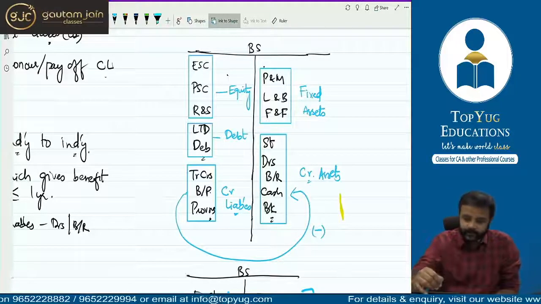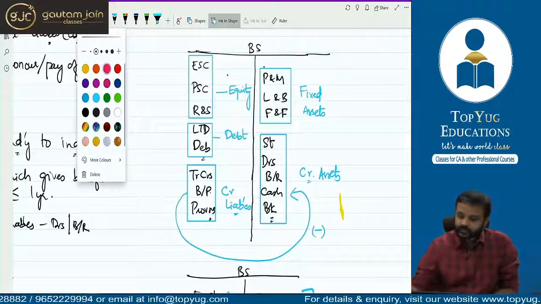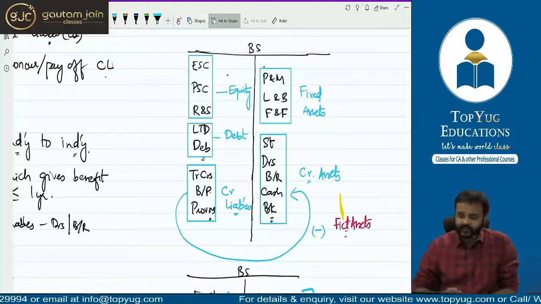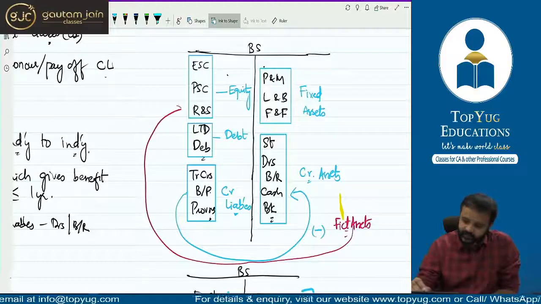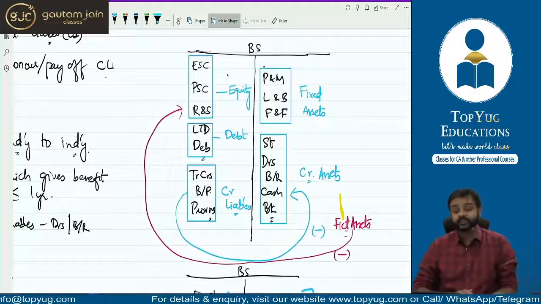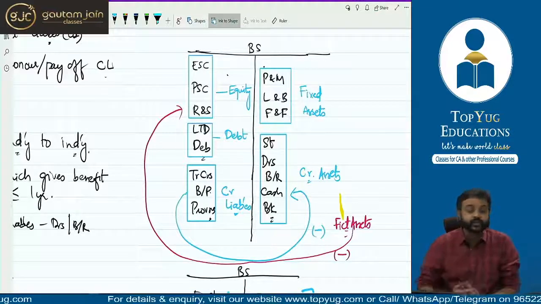Let me just write here. If there are some fictitious assets on the asset side, then we will have to take those fictitious assets to the liability side and subtract them from reserves and surplus. From the asset side, if you're taking any figure to the liability side, obviously you'll have to subtract.